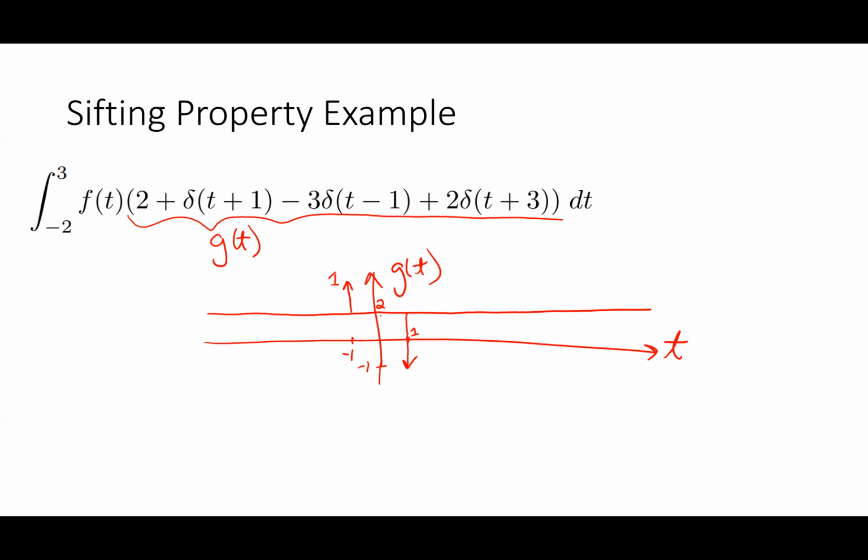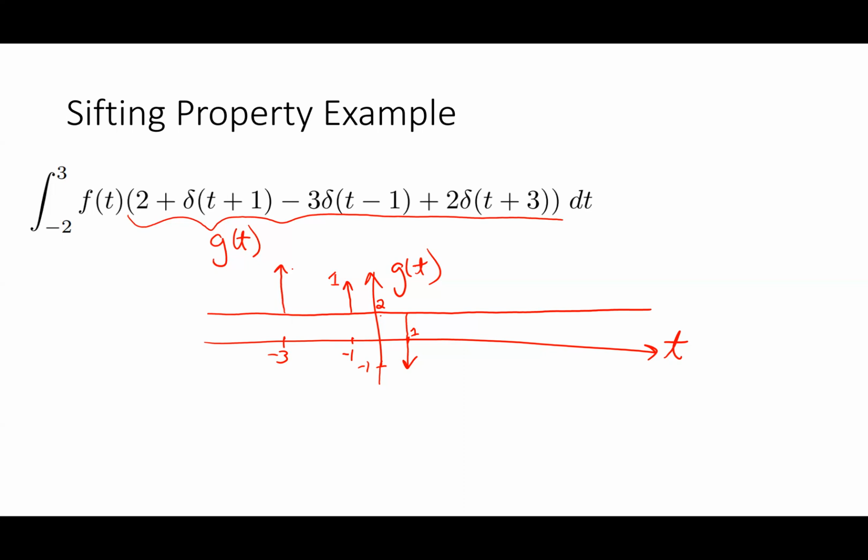And then where would the next impulse be? T equal to -3. So here's -3. And it says +2, so where would that go? Yeah, like that. All right.